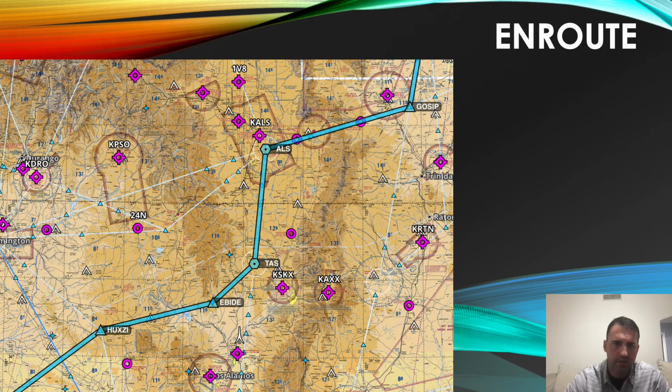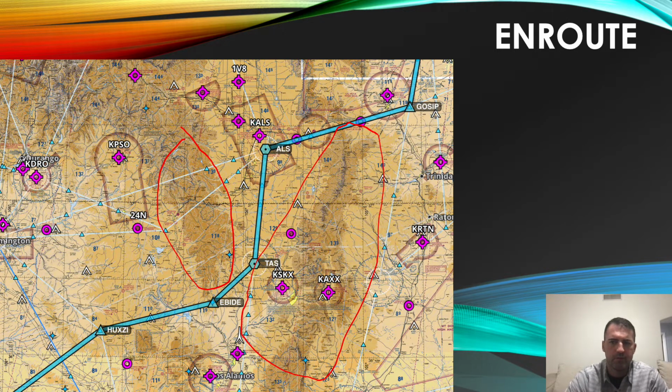And here's where it's kind of fun. We plan going through this mountain pass with some pretty high mountains here and right here as well. Even down here at the lowest, I think it's like 8,000 feet. So if we're flying through here, we know that we cannot sustain level flight.